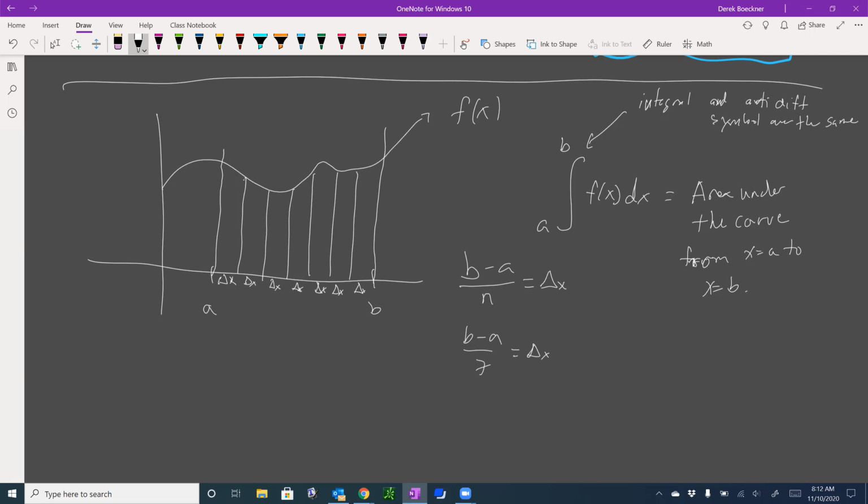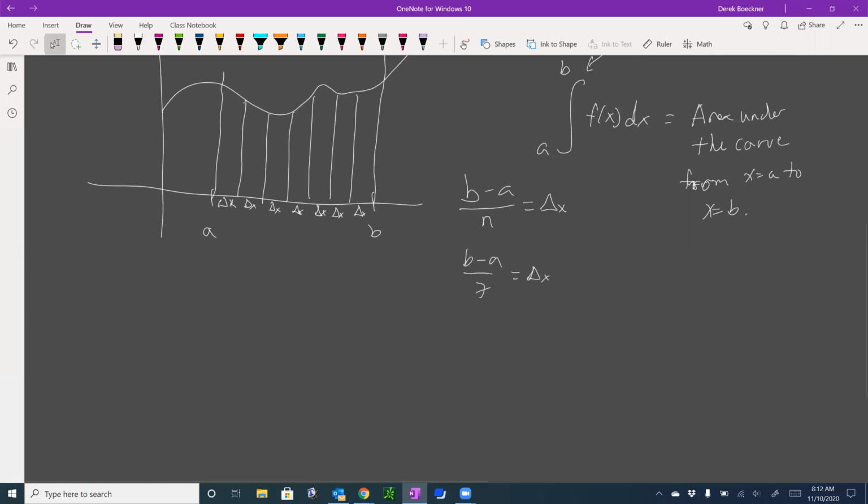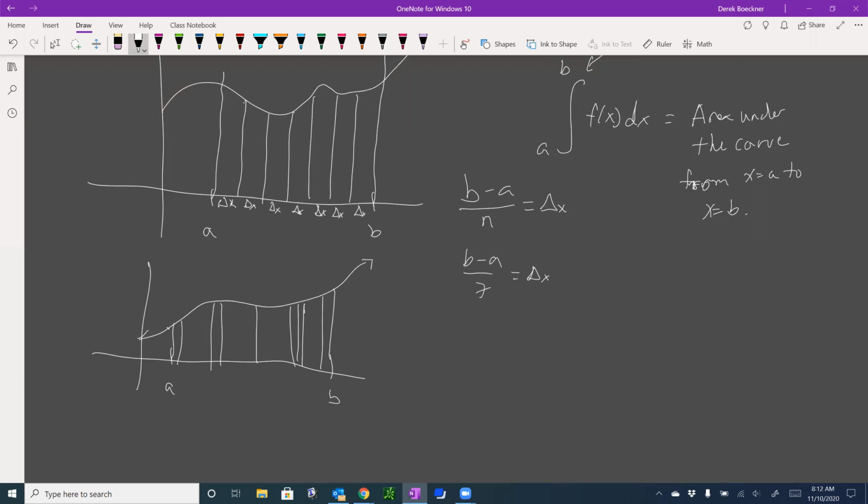If they weren't uniform, and I don't have to have uniform width rectangles, maybe I have some narrow ones and some fatter ones. What delta x is, it's still just the change in x.